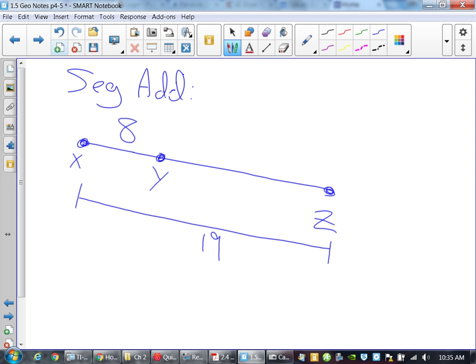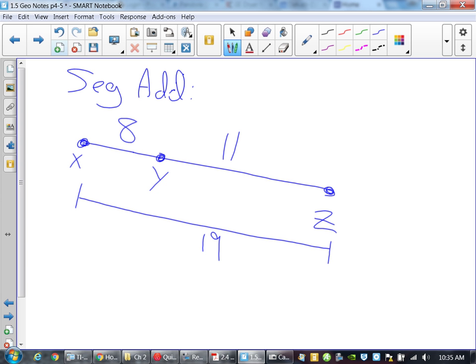What's the missing part? What's YZ? 11. Exactly. Two smaller segments add up to equal the larger. That's what segment addition allows you to do. And remember, segment addition and angle addition are kind of the same thing.